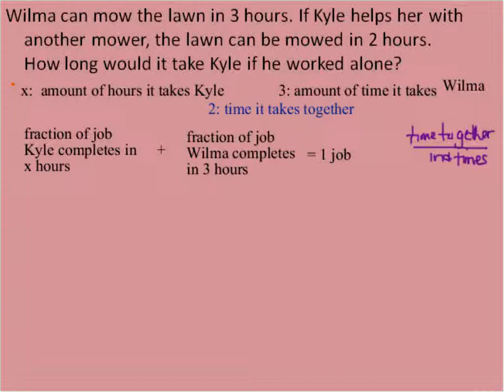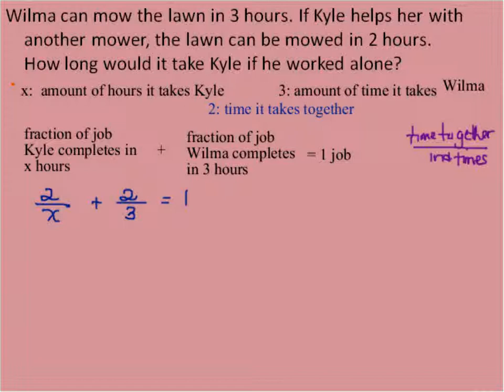So it takes them 2 hours together, and it takes Kyle X hours. It takes them 2 hours together, and it takes Wilma 3 hours. So Wilma completes 2/3 of the job, and we just need to know how much Kyle completes. And you may be able to catch on to this where you don't even have to solve it in this way.